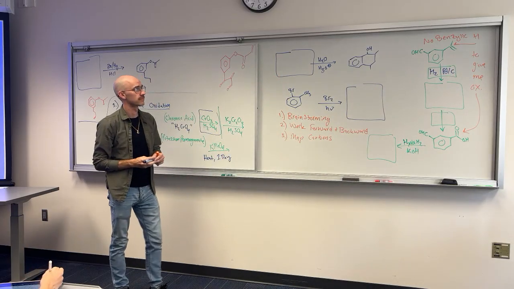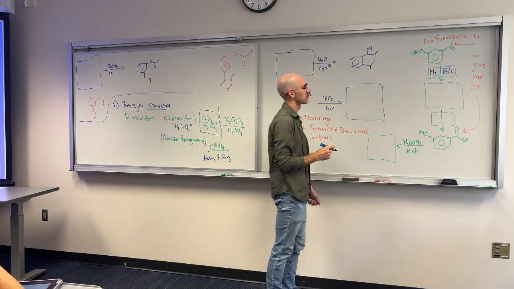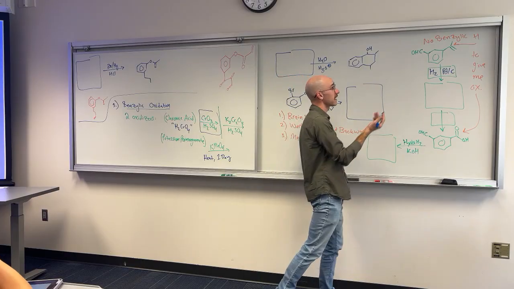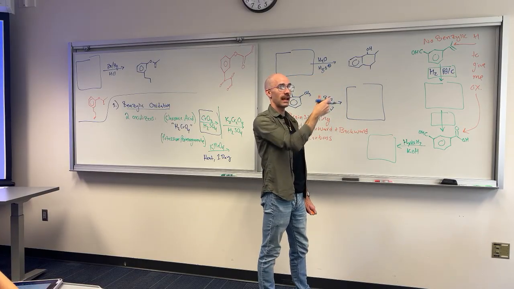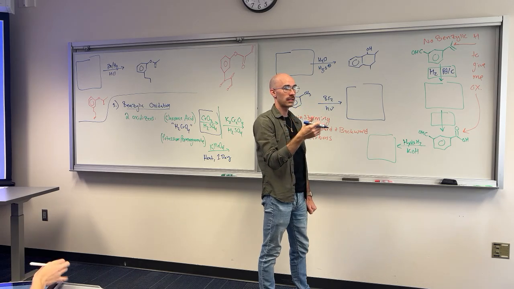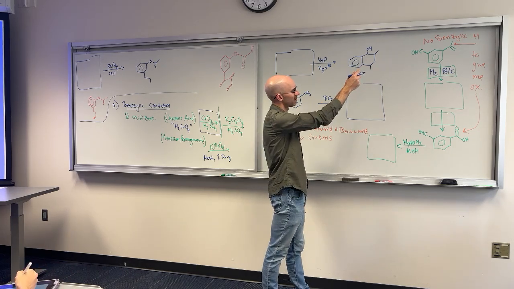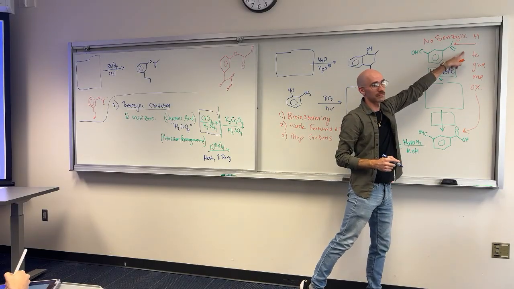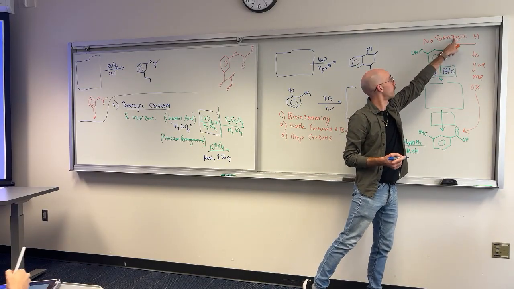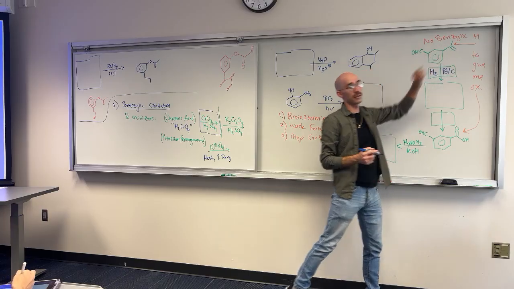Are there ways to swap that methyl group to a carbonyl? Yeah, you can do oxidative cleavage and make a ketone. Don't you need an alkane or alkene or alkyne for that? There is an alkene. You would cut off this carbon, and you would have a ketone with a carbonyl here.